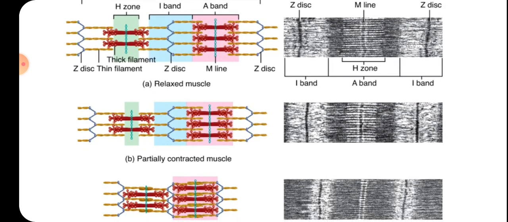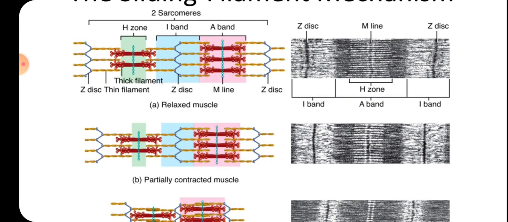In the middle figure, you can see that the H zone has reduced considerably and the I band has also shortened. This is a partially contracted muscle.